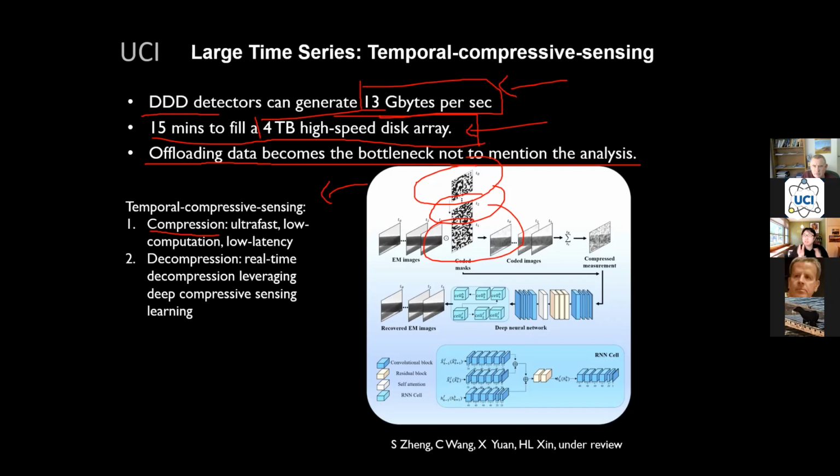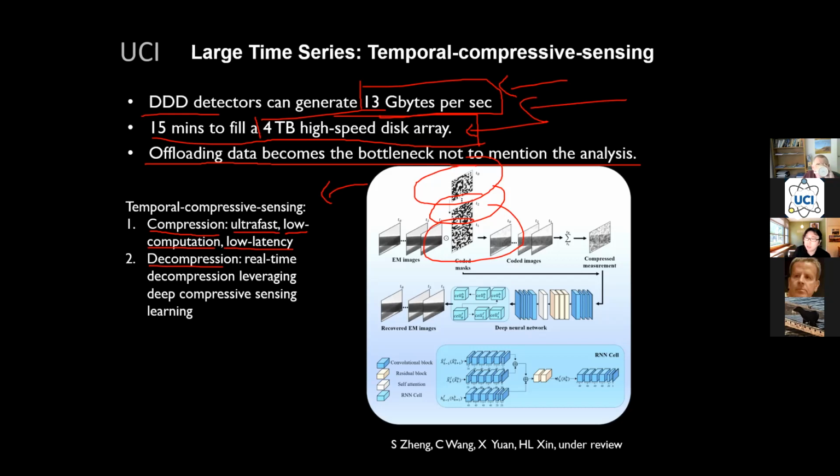This is a very simple operation that an FPGA can perform very fast, with low computation and low latency, right? So you can preserve your data stream without being limited by your FPGA speed, right? And then the question is, how can you decompress it, right? This is actually called a compressed-sensing problem, right?